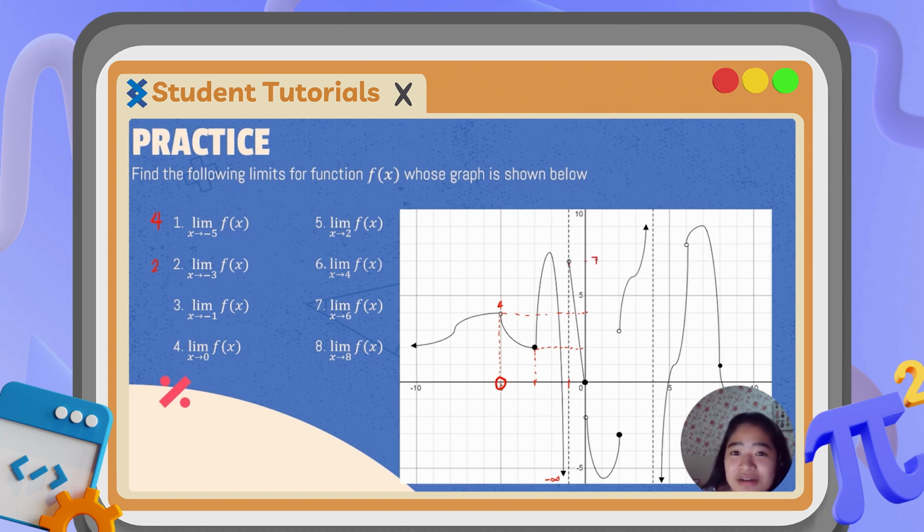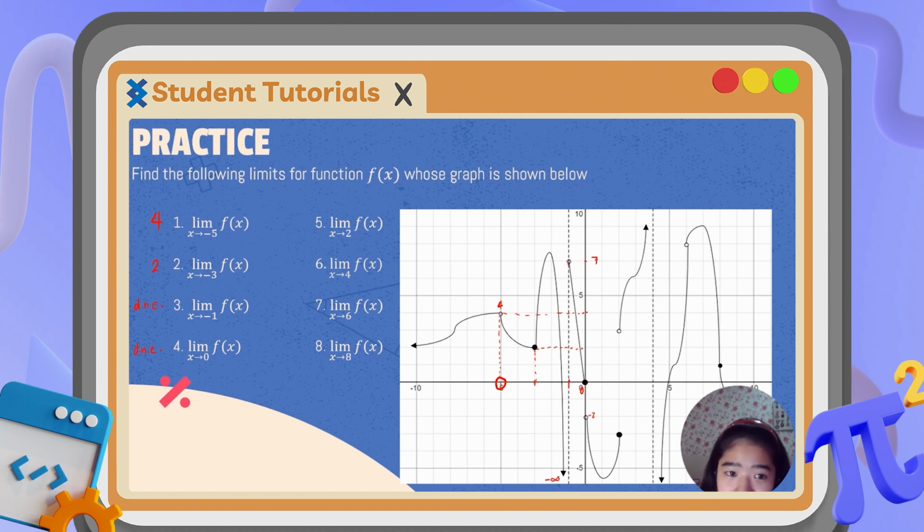Since the left and right sides do not match, this would mean that the limit does not exist. Next, for number 4, as x approaches 0, the answer would be does not exist also, because from the left side the answer would be 0, but from the right side it would be -2. So the answer would also be does not exist.